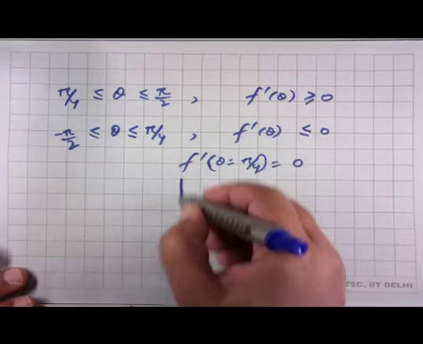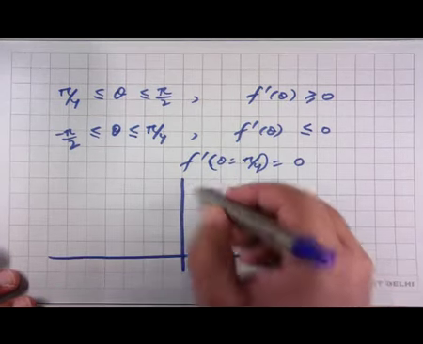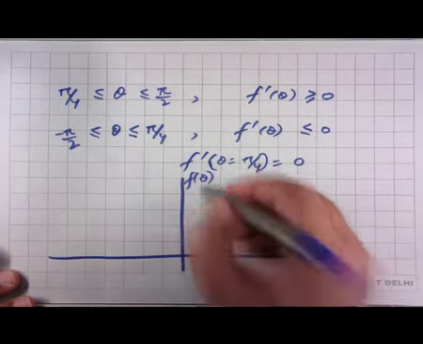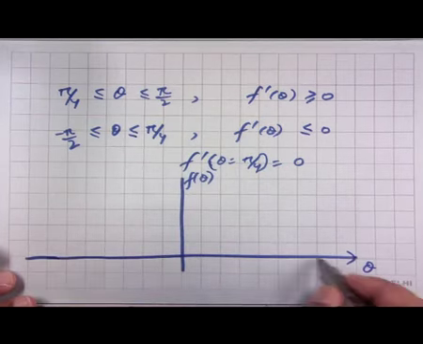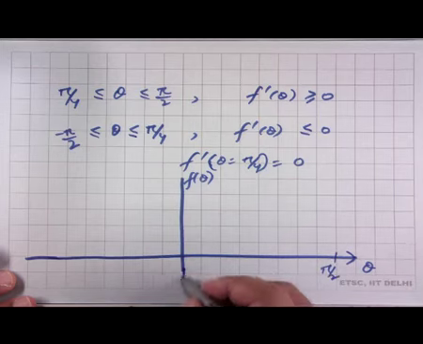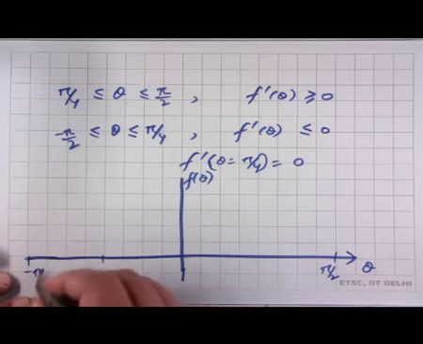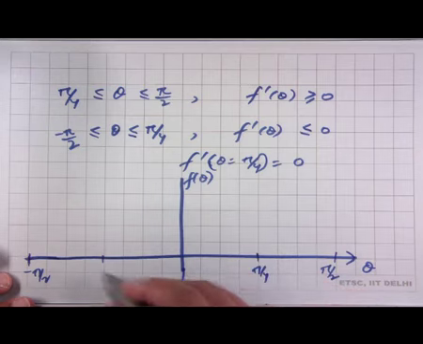So, we can approximately plot the graph of f theta. We have theta here, we have pi by 2, minus pi by 2, and this is pi by 4, this is minus pi by 4.